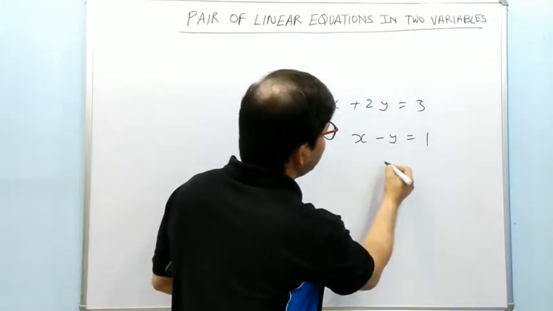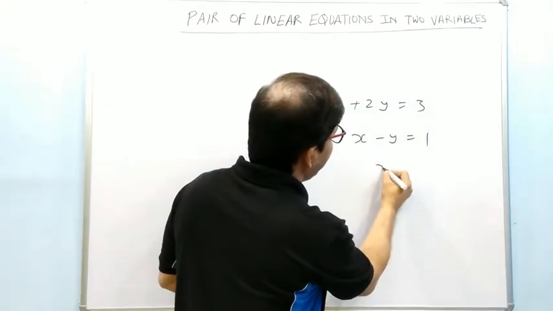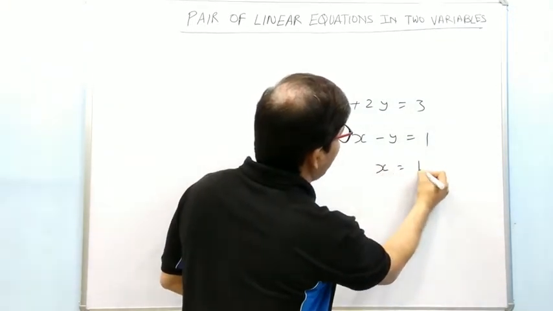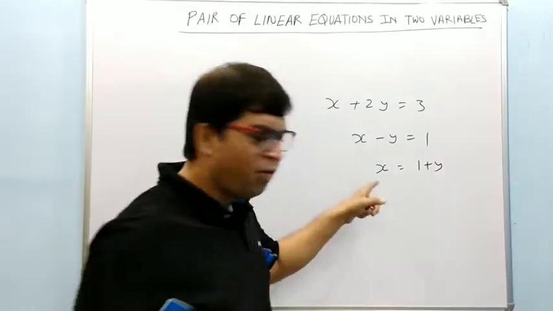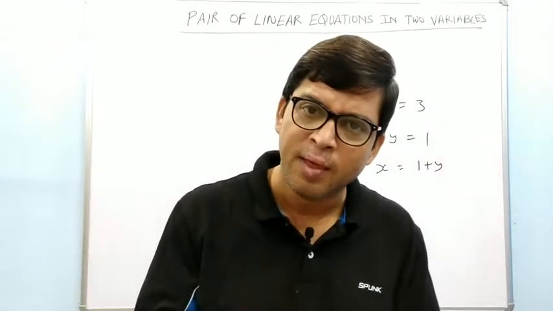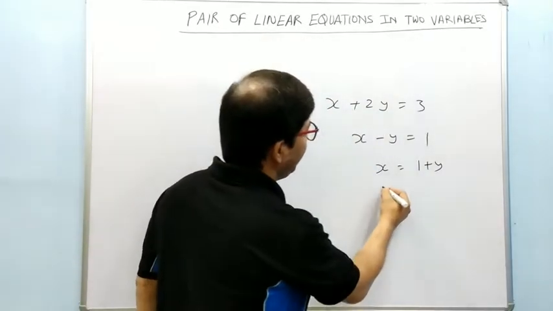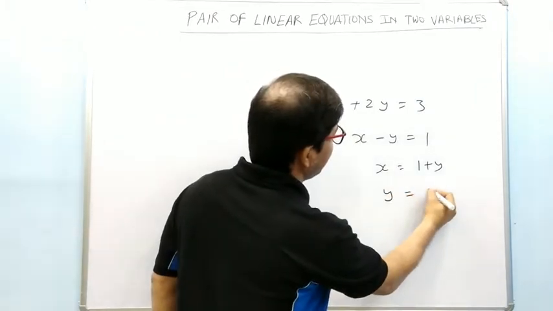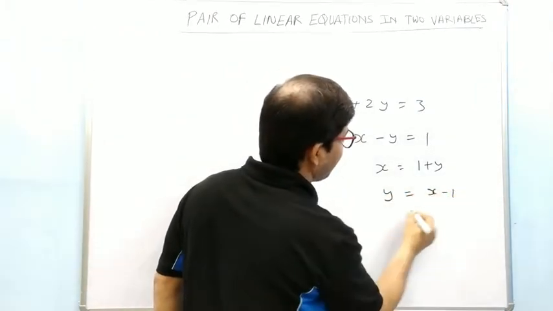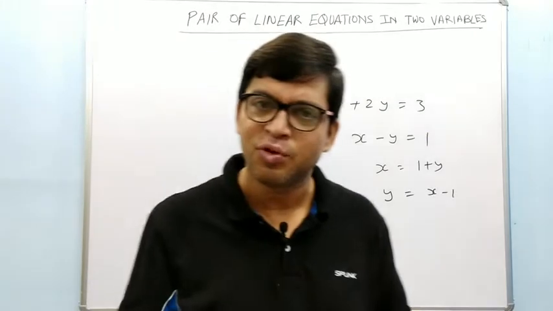Suppose I am picking up this and I am taking x is equal to 1 plus y, the value of x in terms of y. Or I can also write y is equal to x minus 1, the value of y in terms of x.